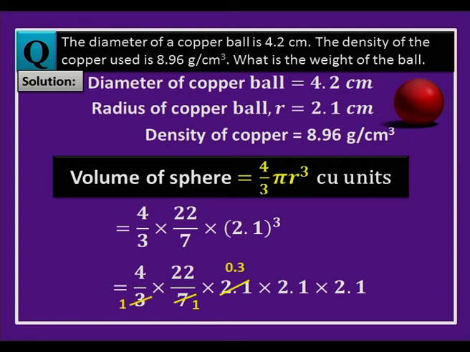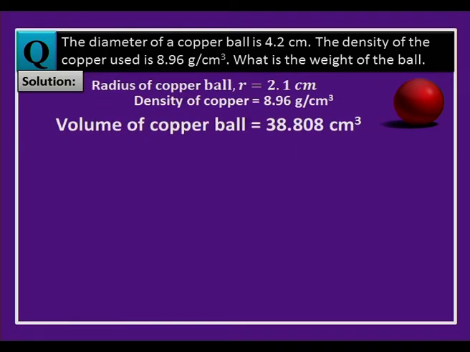Again 3 goes in 3 one time, and in 2.1 it goes 0.7 times. Now, what is left, children? Yes, 4 into 22 into 0.3 into 0.7 into 2.1. On multiplying this, you get 38.808. This is the volume of the copper ball.